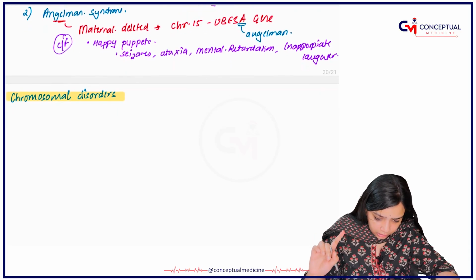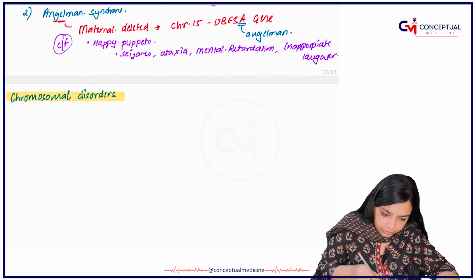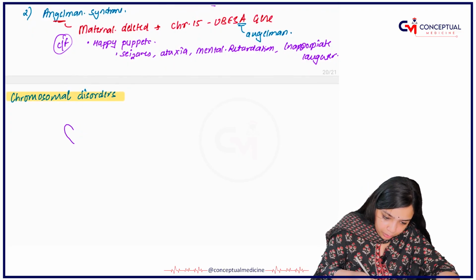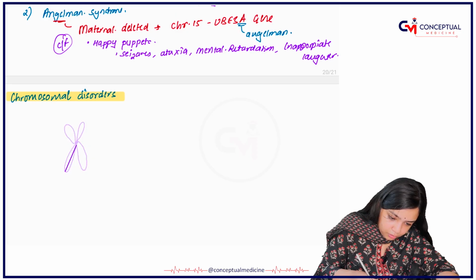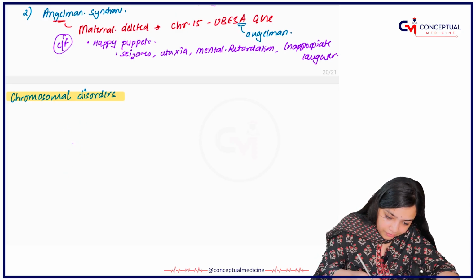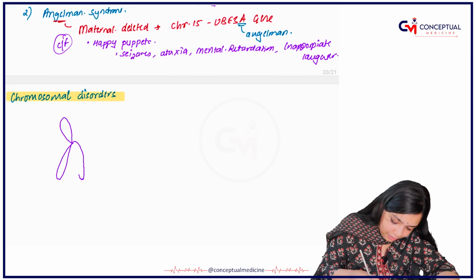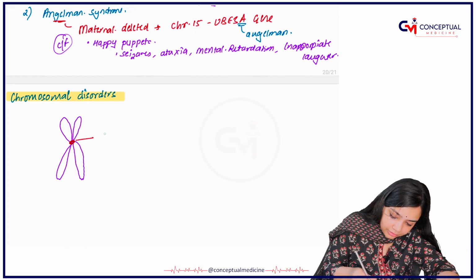Now see, let me just draw a chromosome for you all firstly. Suppose this is your chromosome. Where is my chromosome? Okay, it has gone. Let me just draw it again. Please don't go, I will not be able to draw it again. This is your chromosome and in the center you have the centromere.